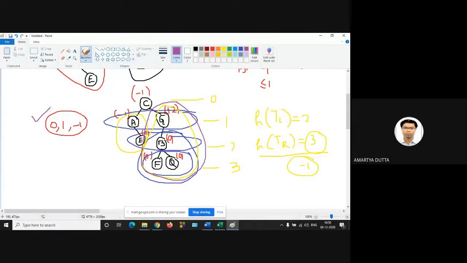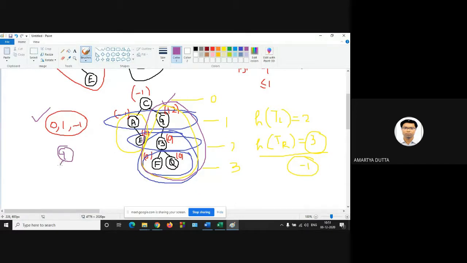You have to make this tree into AVL format because here G, B, F, Q will not be an AVL tree. Though the root's balance factor lies in the correct range, the subtree G, B, F, Q is not balanced, it is not an AVL tree. Are you getting it?